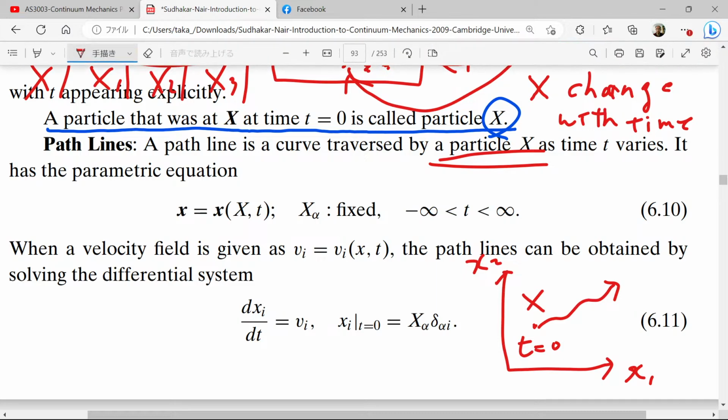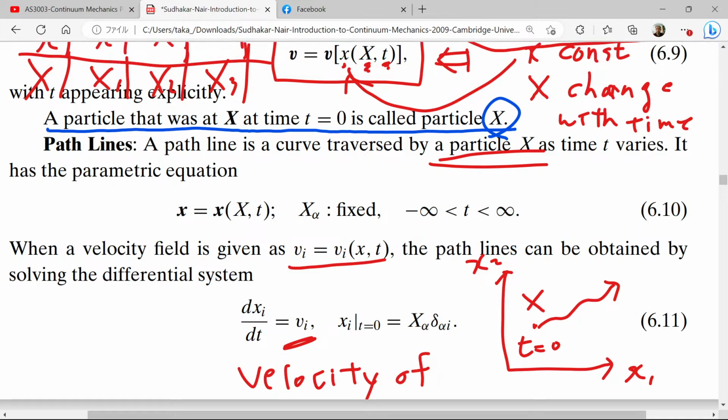This is for the same particle. This is for particle x. This is velocity of particle. This one is velocity of particle large x. This is velocity of particle.